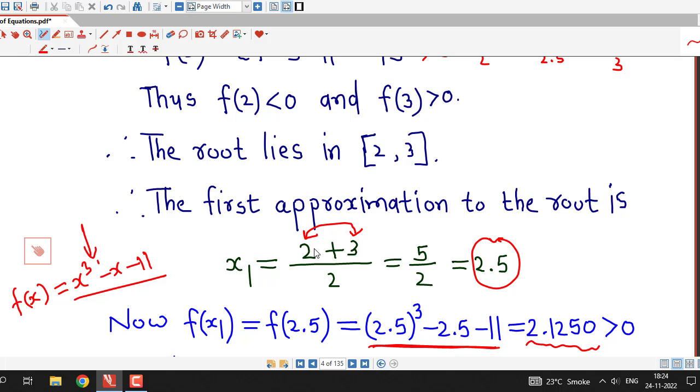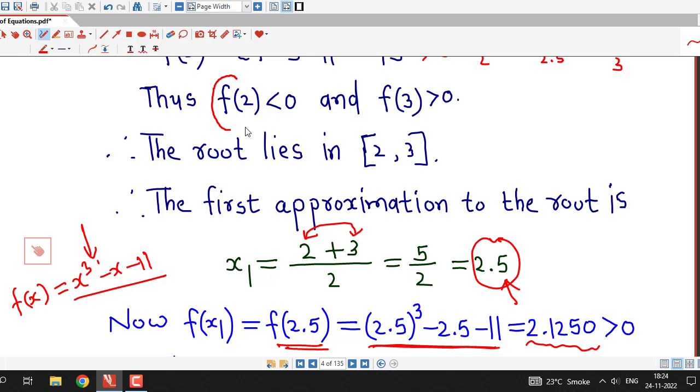So I have to consider the point for which function is negative. 2.5 is obtained by taking average of 2 and 3, and f(2.5) is positive. So out of these 2 points I will consider that point for which value of function is negative.